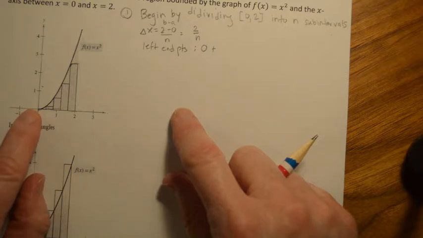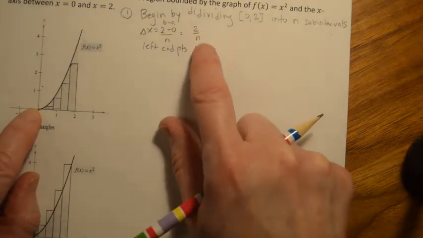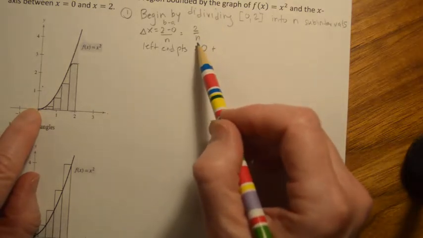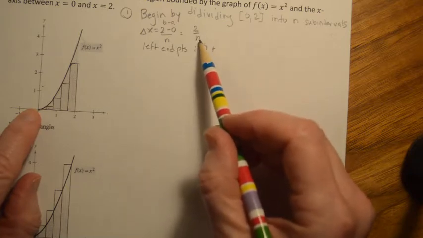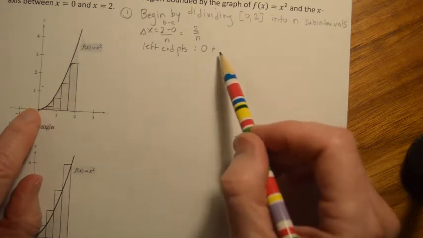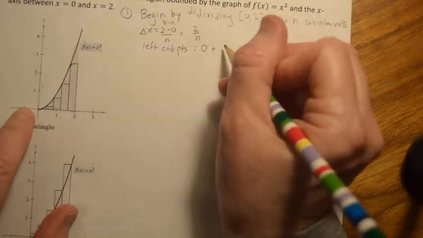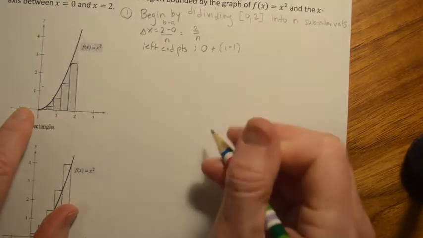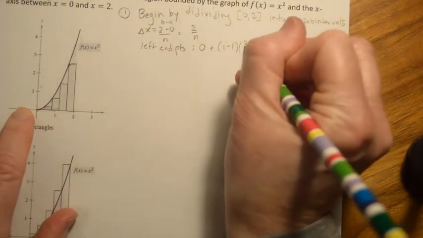So here the first one we want is 0, and we have no idea what n is, so let's just say it was 5 again. Then we want 0, and then 2/5 and 4/5 and so on. We want the left one, so we want 0 plus, I'm just going to write this, 1 less than whatever counter we're on, times 2 over n.